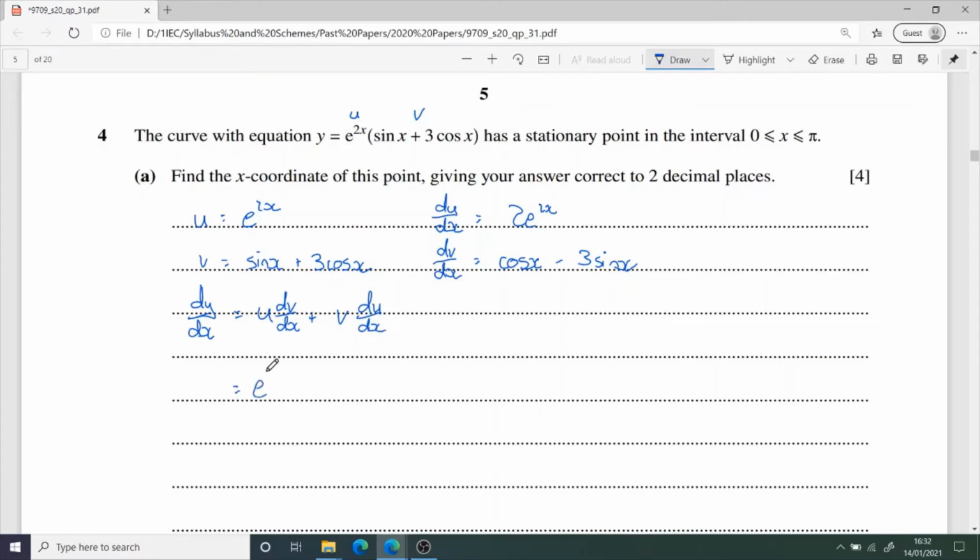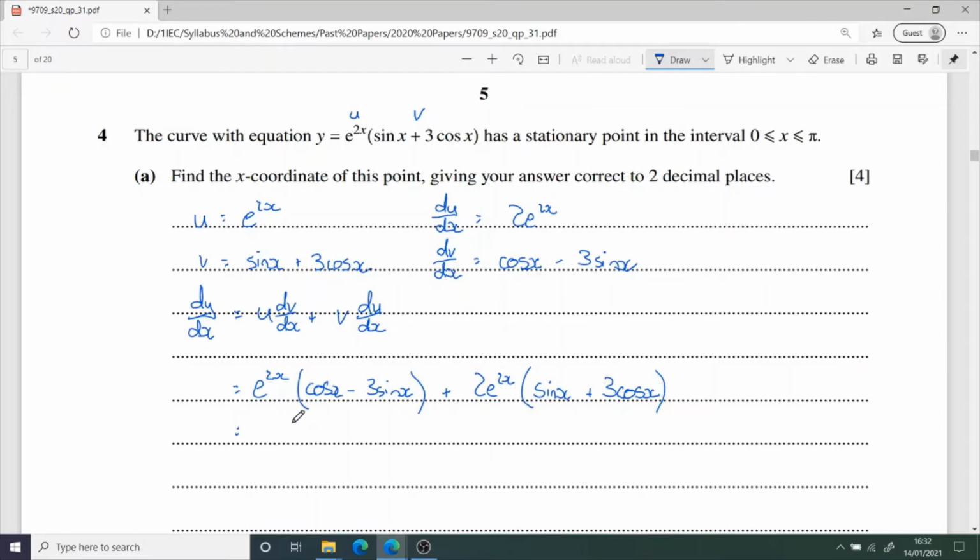So that's e to the 2x times cos x minus 3 sine x plus v du by dx, 2e to the 2x times sine x plus 3 cos x.